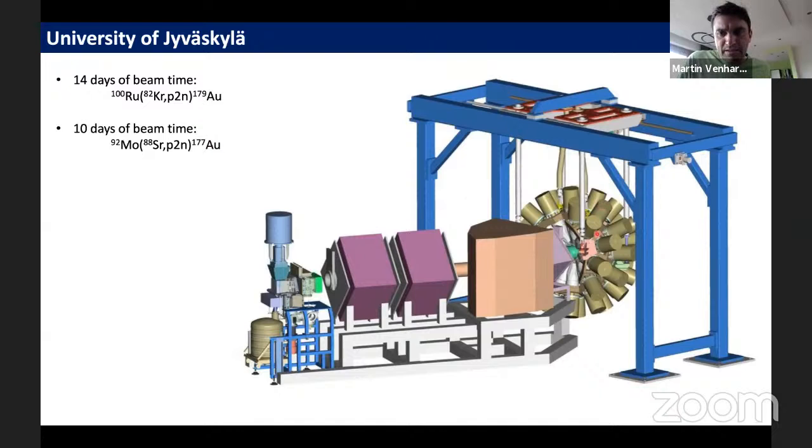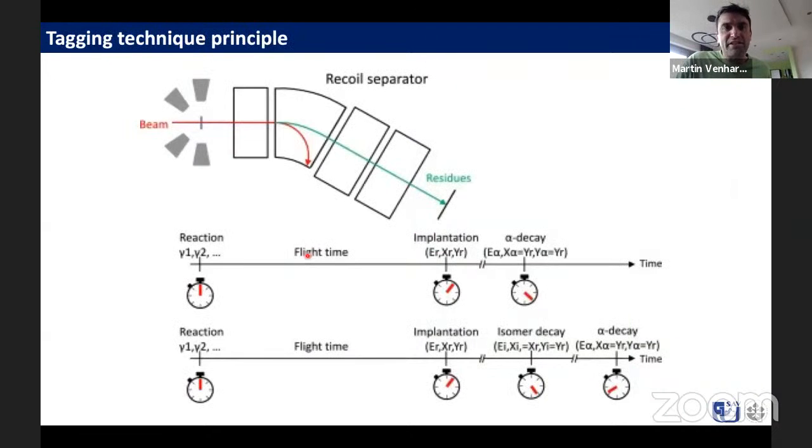The target is inside the Eurogam array, which is an array of approximately 100 germanium detectors of gamma rays. Then it flies through the separator into the focal plane, where we use the so-called tagging technique.